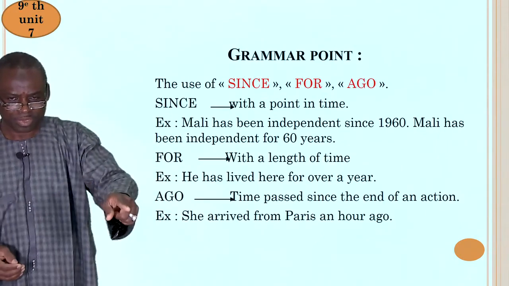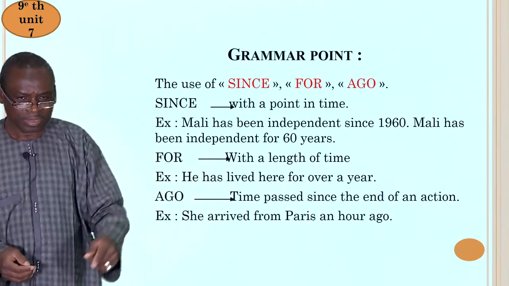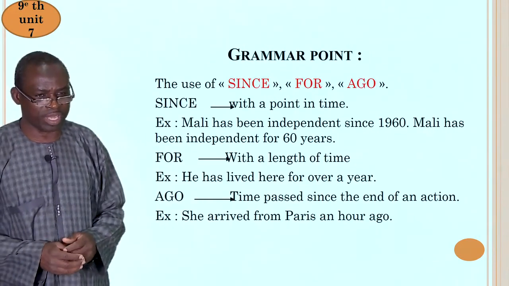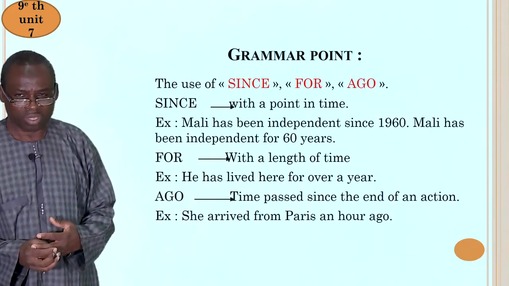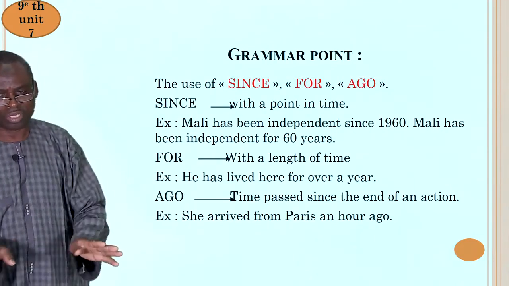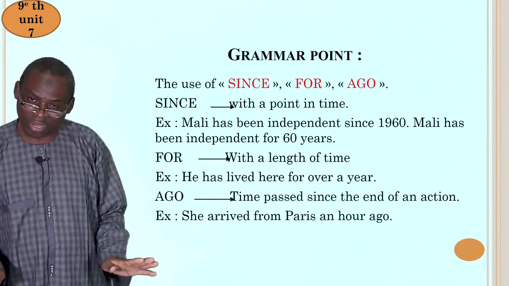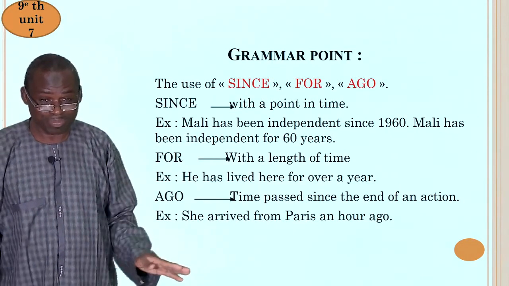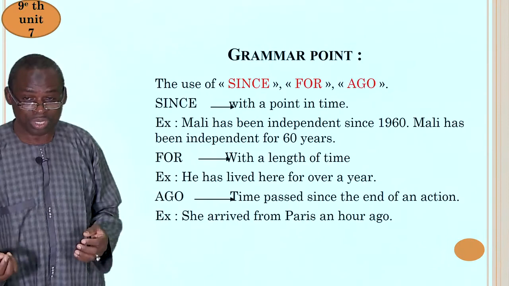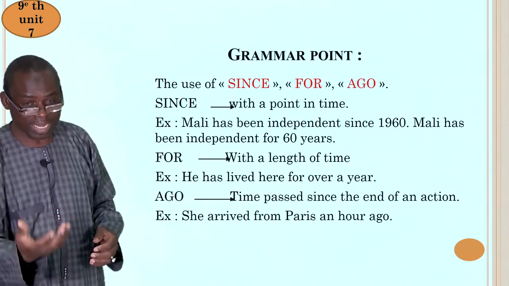And now, ago. Ago, time passed since the end of an action. Okay, so the action is completely terminated in the past. There is no problem. So we have to use the simple past.